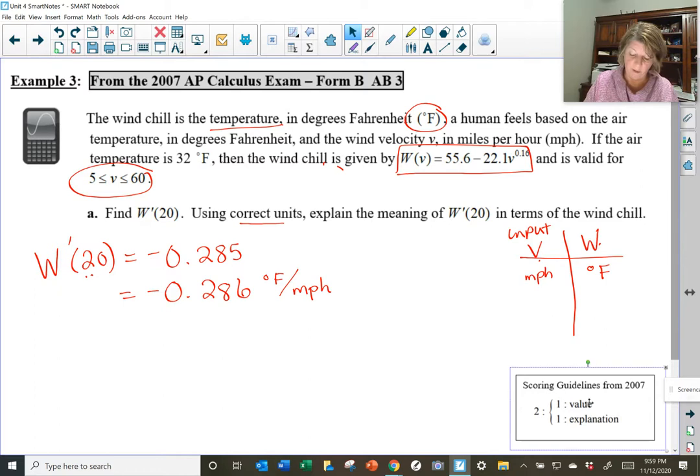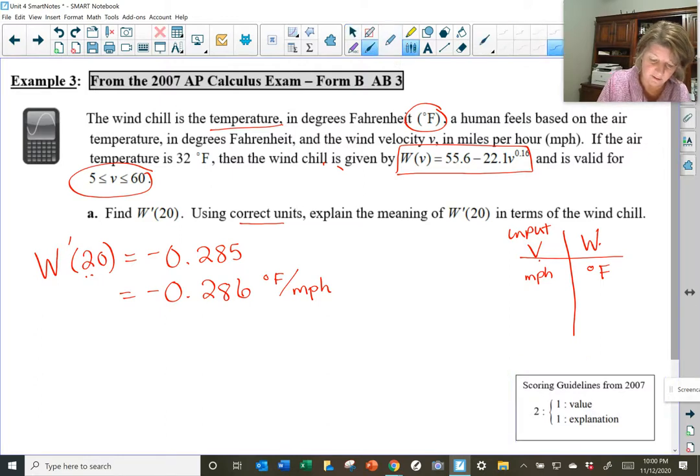So far we've got 1 point. We need to come in with the explanation. Wind chill is the temperature a human feels, but we are doing the rate of the wind chill, right? And it looks like it's decreasing. So the noun is going to be wind chill. Let's start there.